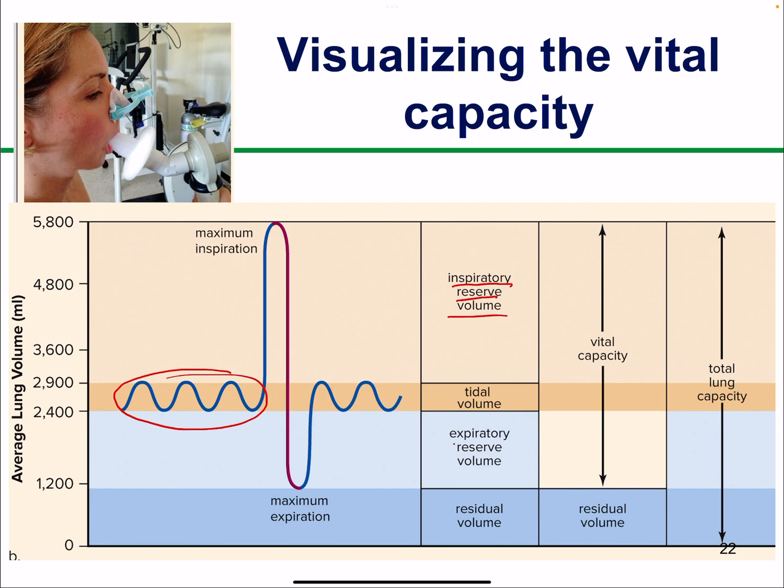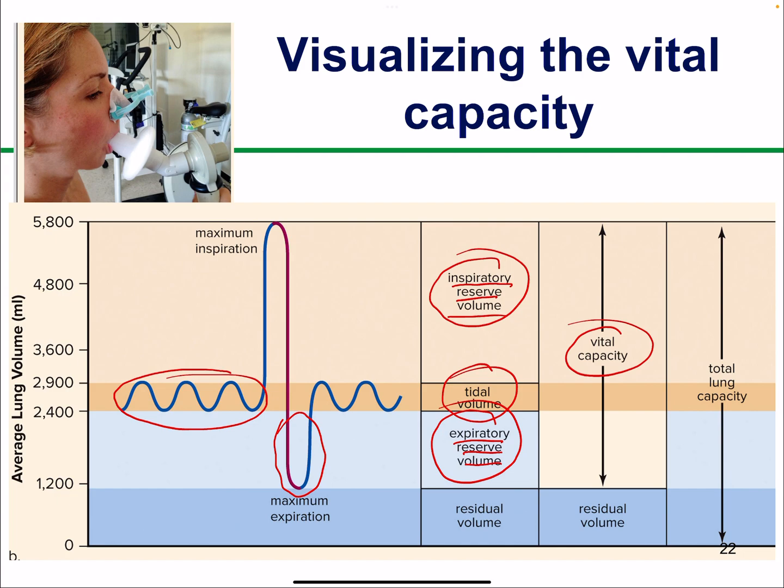And expiratory reserve volume is the air you can push out as much as possible until you cannot anymore. So these three volumes, the inspiratory reserve volume, the tidal volume, and the expiratory reserve volume, are what we call the vital capacity.